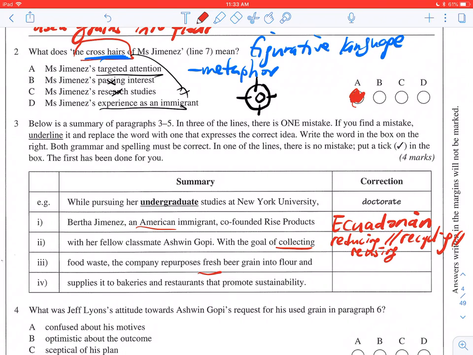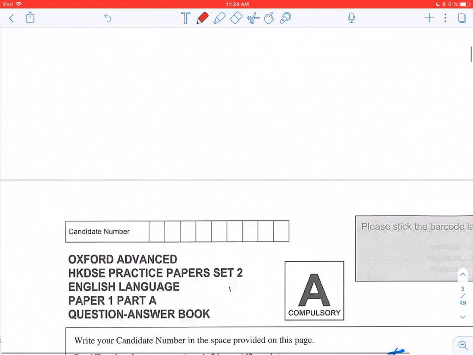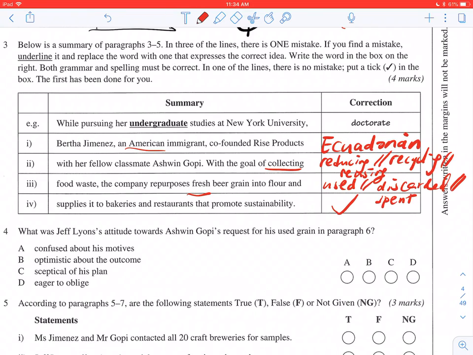Fresh, instead used, or you can use the word discarded, or spent. All right, last but not least is a tick.